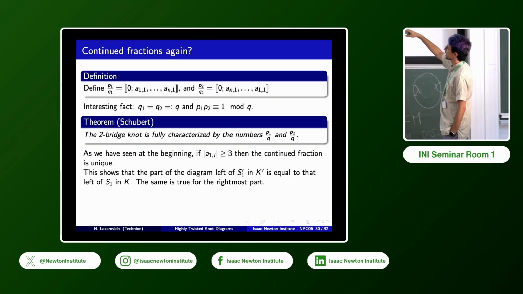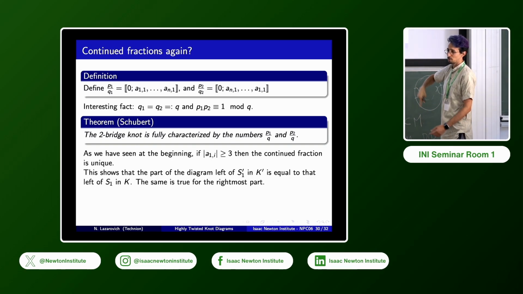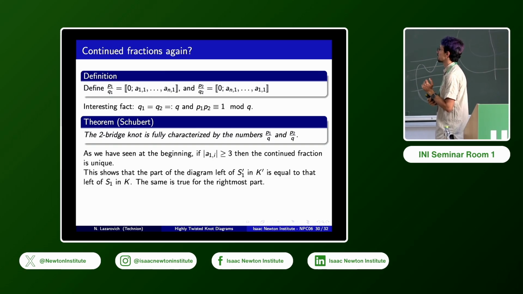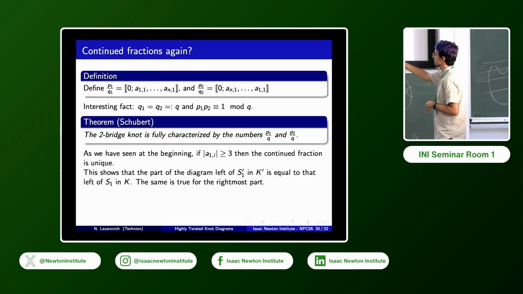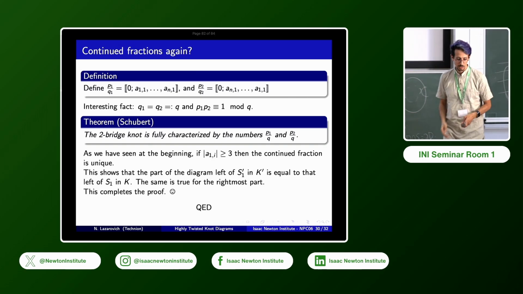I'm hiding a little detail here, that one should still tell if it's going from top to bottom or bottom to top. Some extra argument is needed there, but that's basically it. You do the same for the rightmost part of the diagram, and the proof is complete.